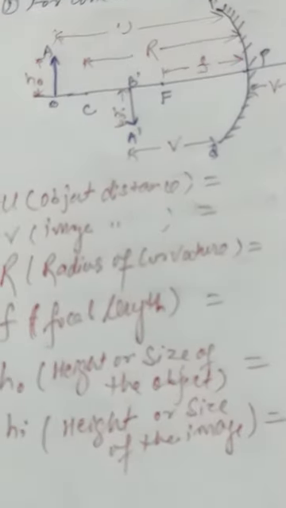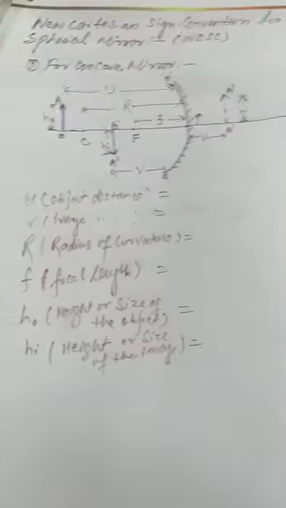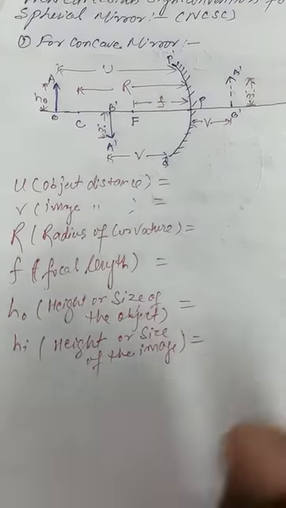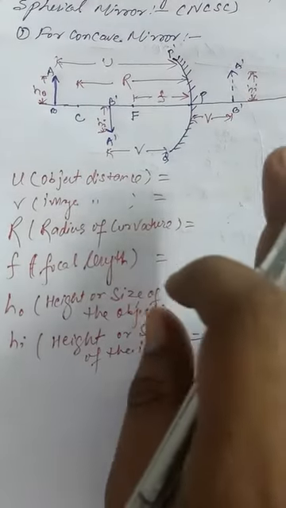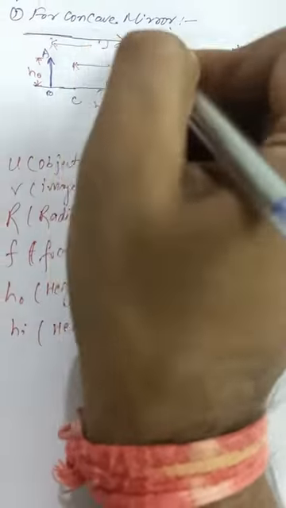Now see in this condition, the light always comes from left to right and strikes the aperture of the mirror.